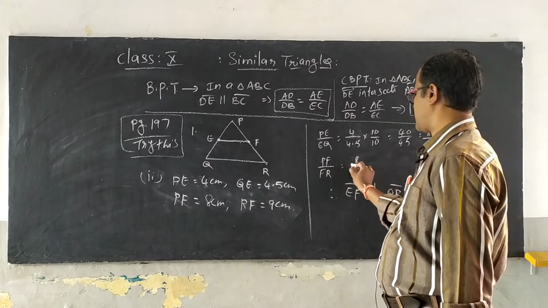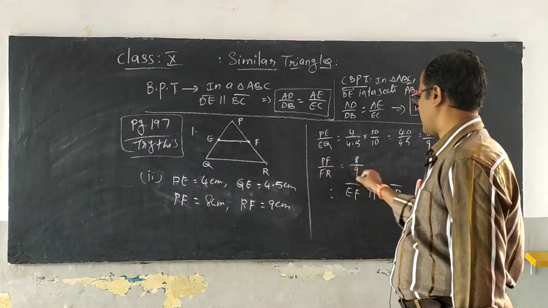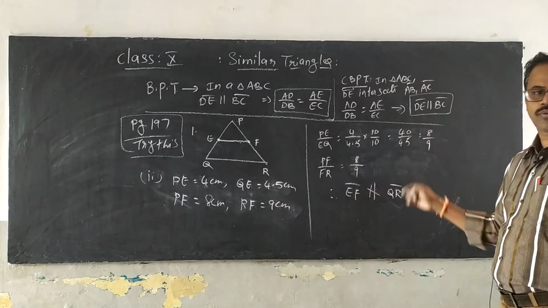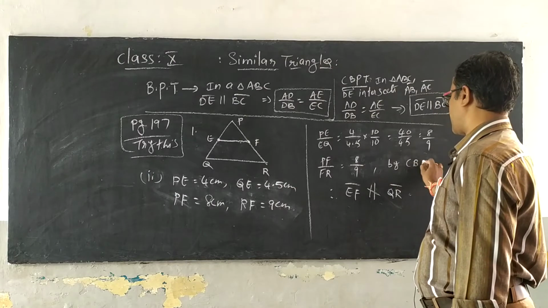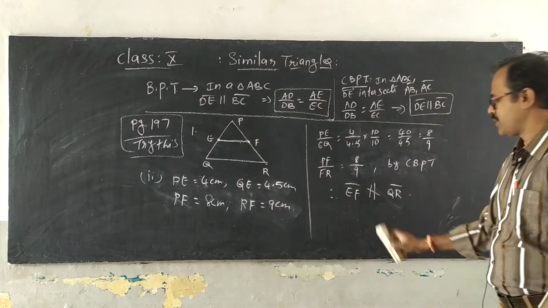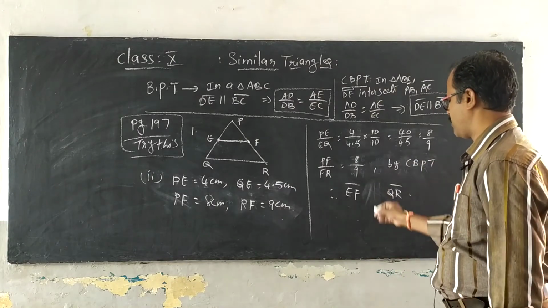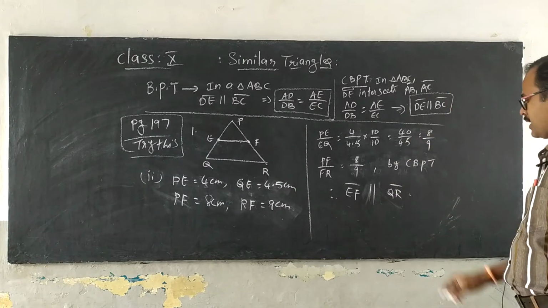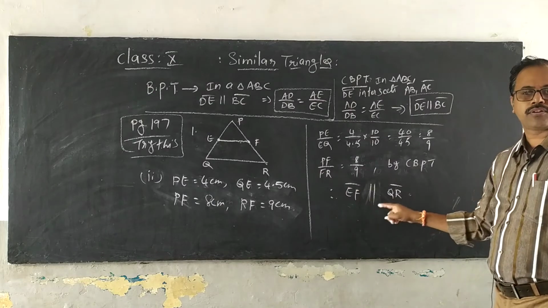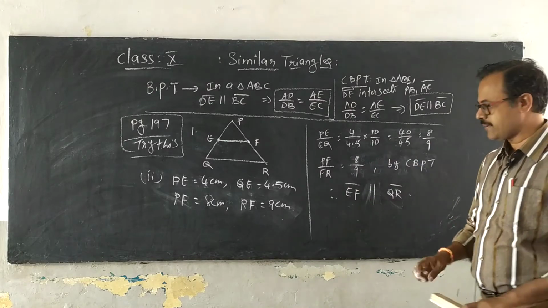PF is 8 and RF is 9, so 8 by 9. You see these two ratios are equal. So by the converse of the basic proportionality theorem, we can say that EF is parallel to QR.